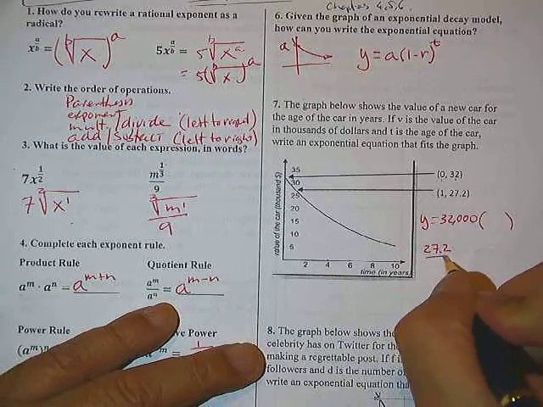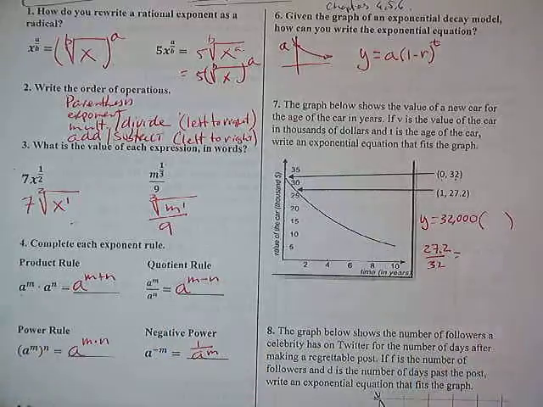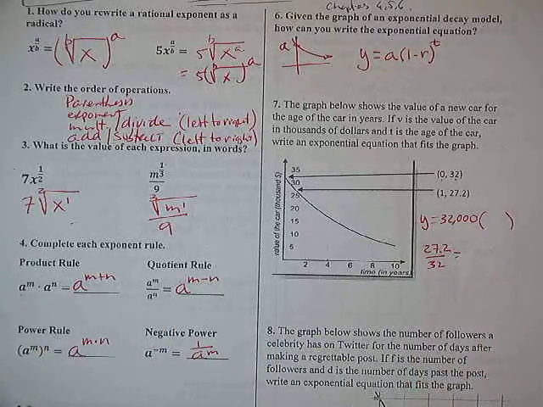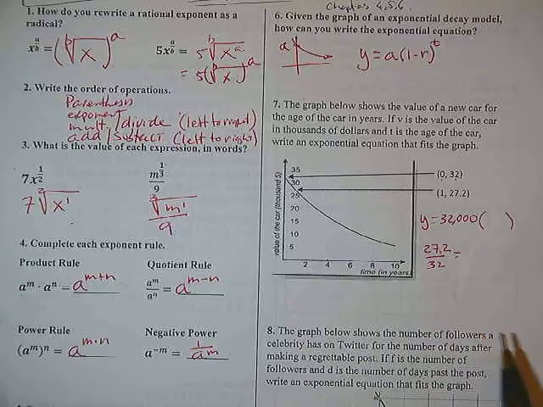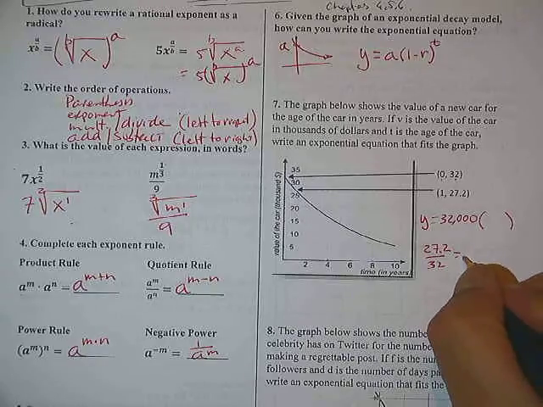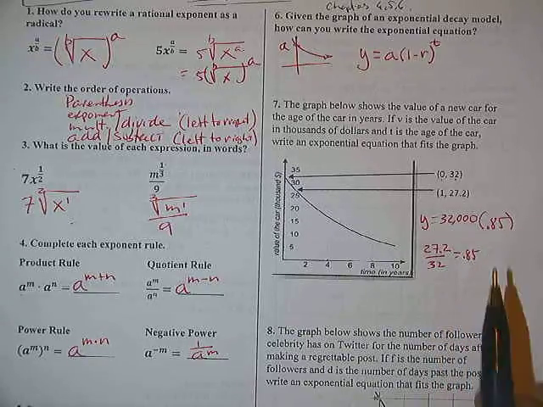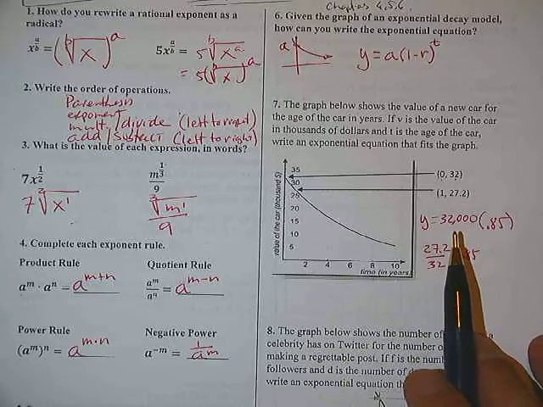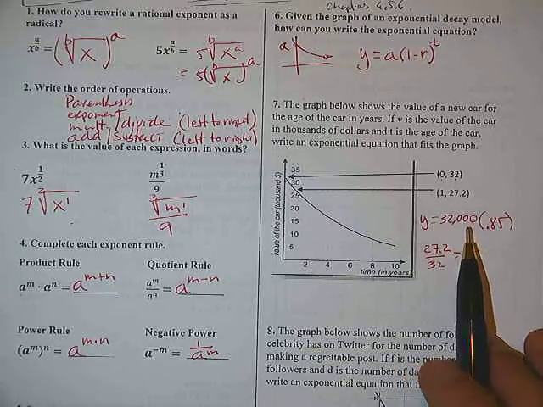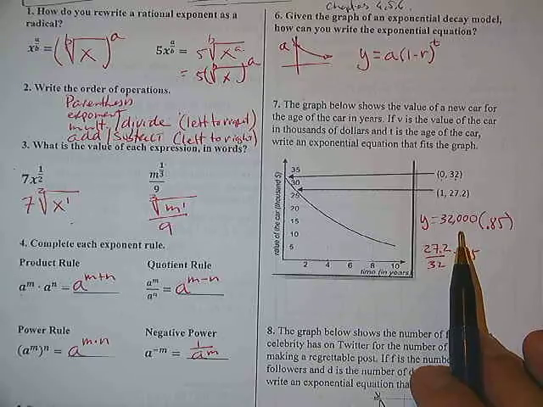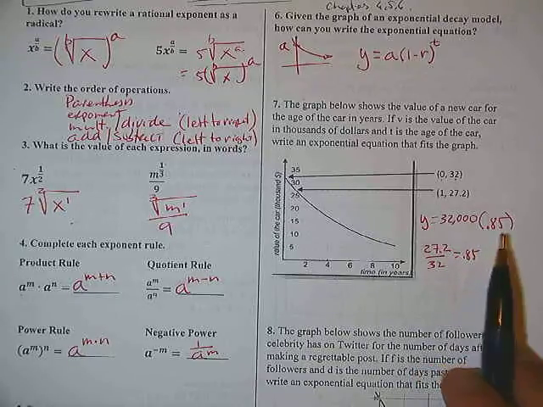So we can find this decay factor by looking for what is called the common ratio. So if we take 27.2 and we divide it by 32, the previous number, you get 0.85. So it's going to be 0.85 in here.